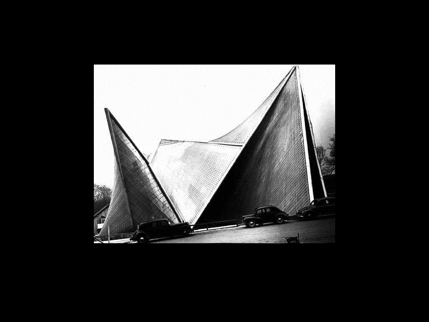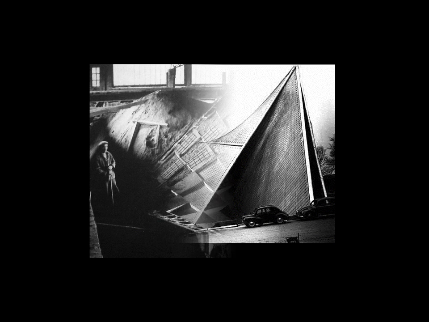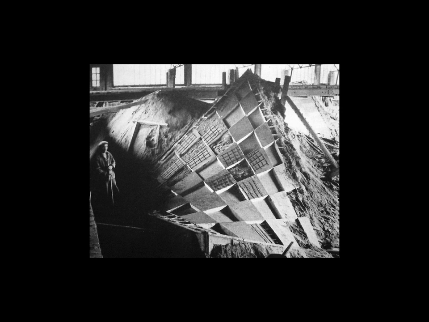Those hyperbolic surfaces present quite a structural challenge, and this is one of the early tests for the precast panels which were made to secure this geometry, and this is how the project was built. It was set on cables, and cables were stressed, and concrete panels were creating shells, which you've seen before.